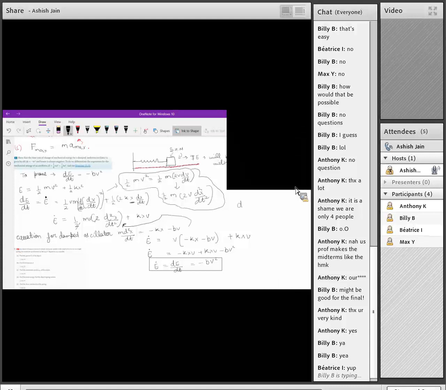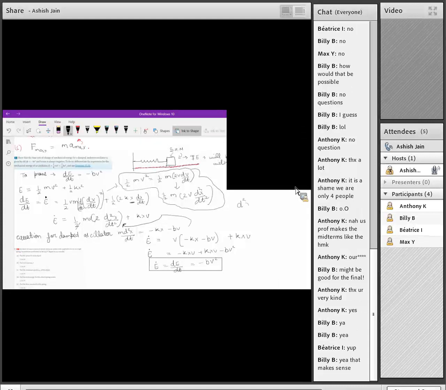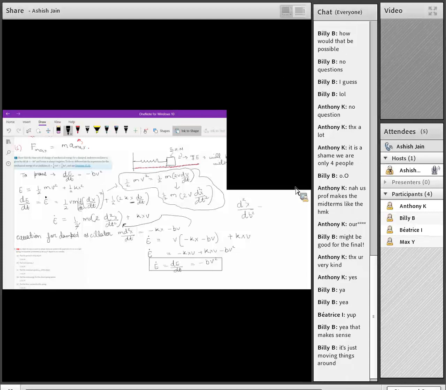I'll just tell you the notations. If you write this like this, this can also be written as double dot. This is just a notation. A differentiation or time derivative can be represented by dot.